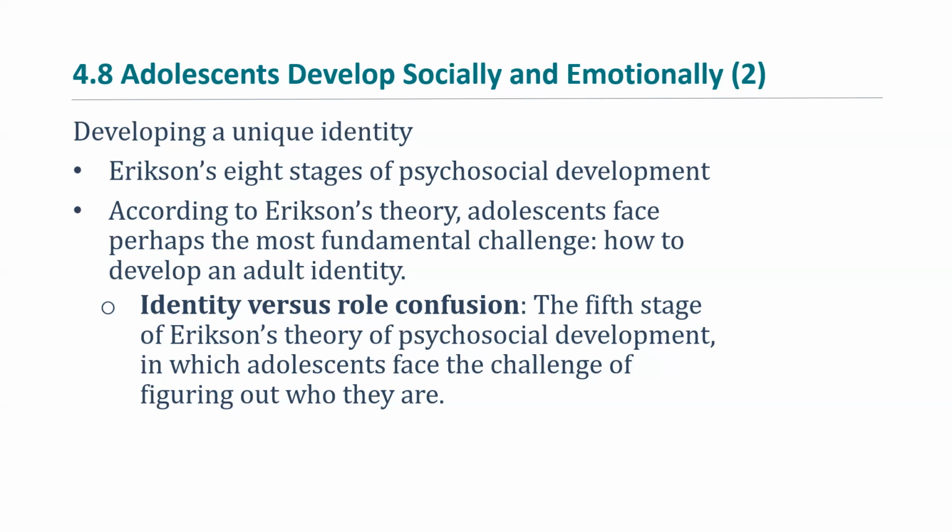Because you receive conflicting values from parents versus peers versus teachers versus, I don't know, media, you have to consolidate all these different ideas to figure out what's your path and who you are going to be. And so we try stuff out.